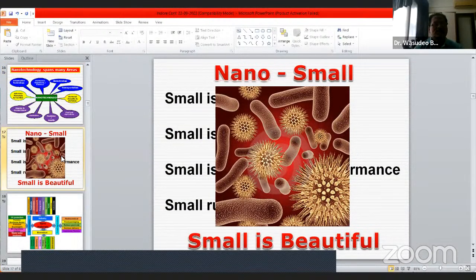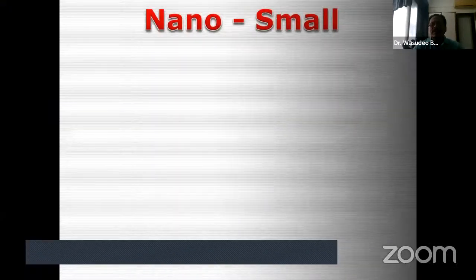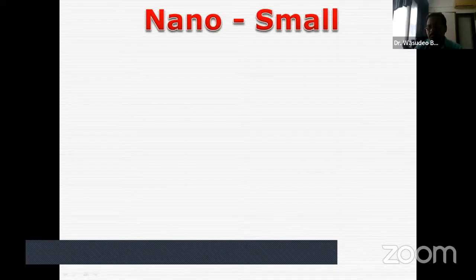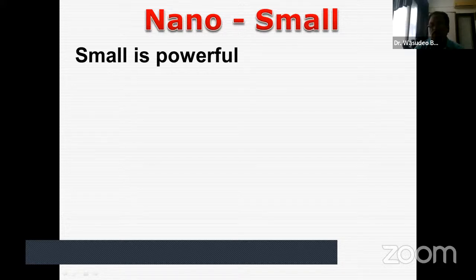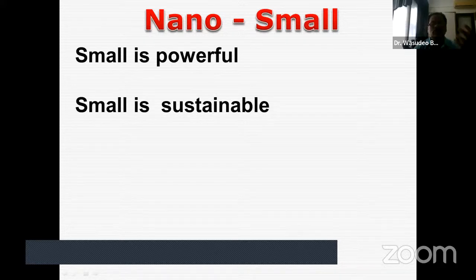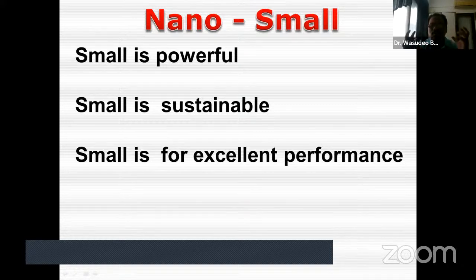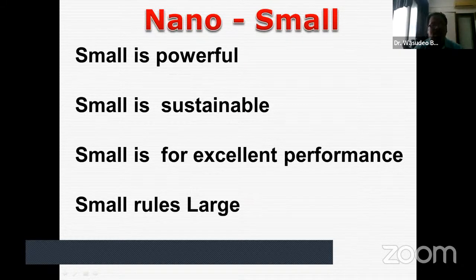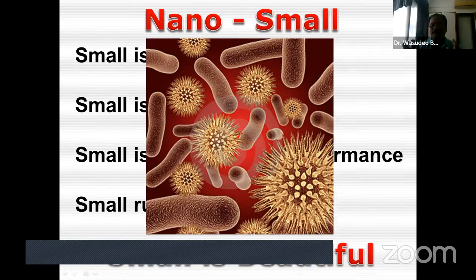Now, as we know, nano size is small, and small is very powerful. Small is also sustainable. And as all of you know, small is also for excellent performance, and small rules large. Someone can say that small is beautiful.